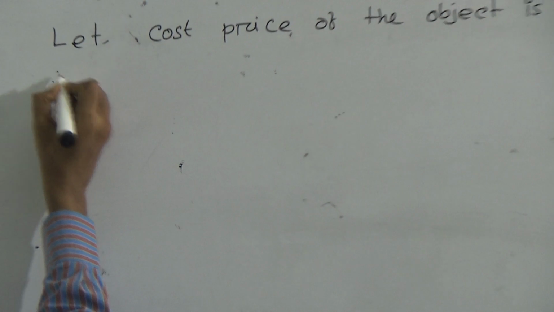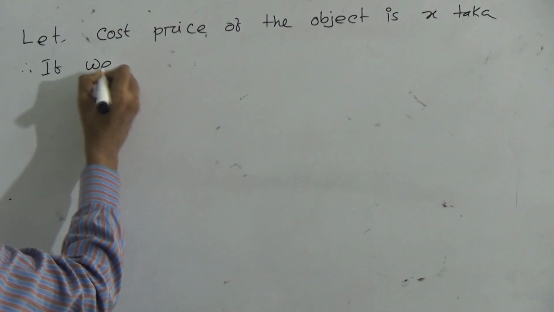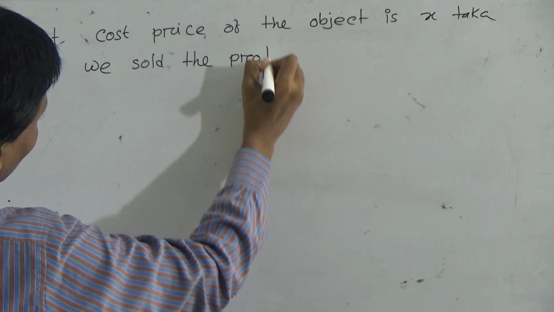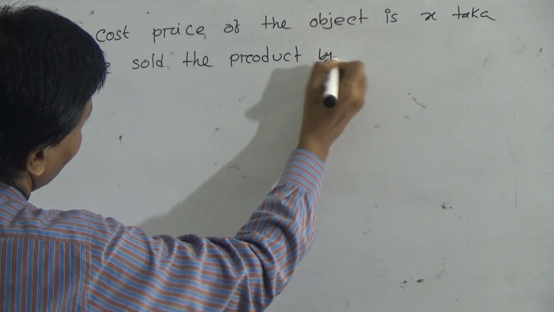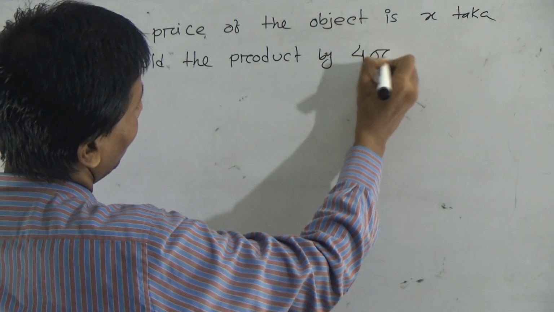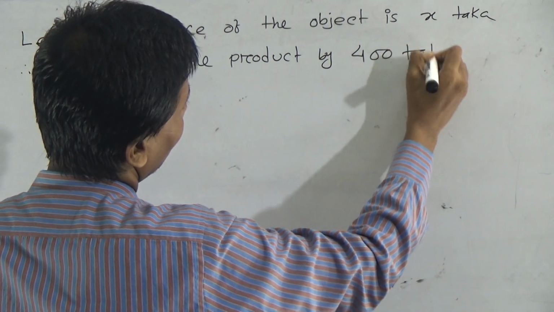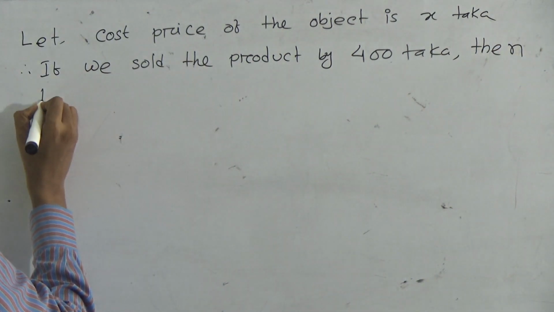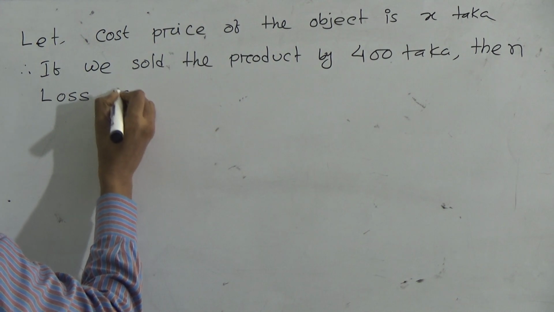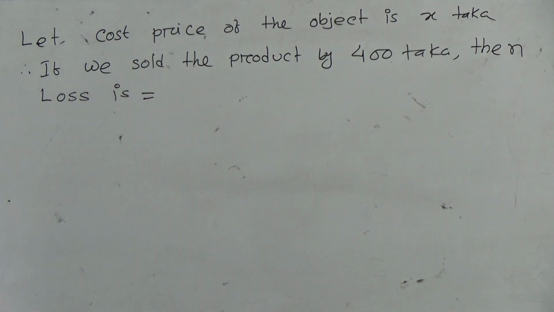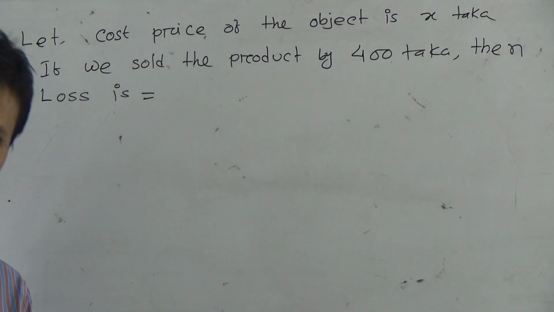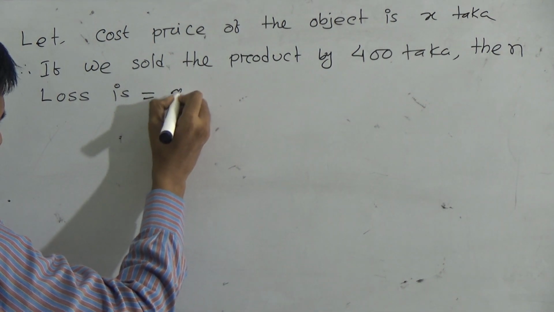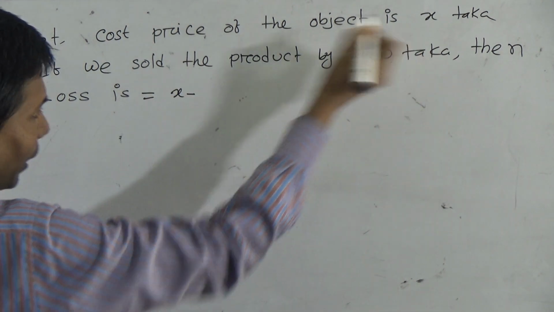Therefore, we write, if we sold the product for 400 taka, then loss is, what is the formula of loss? Loss means cost price minus the selling price. Cost price means X, and the selling price is 400 taka.